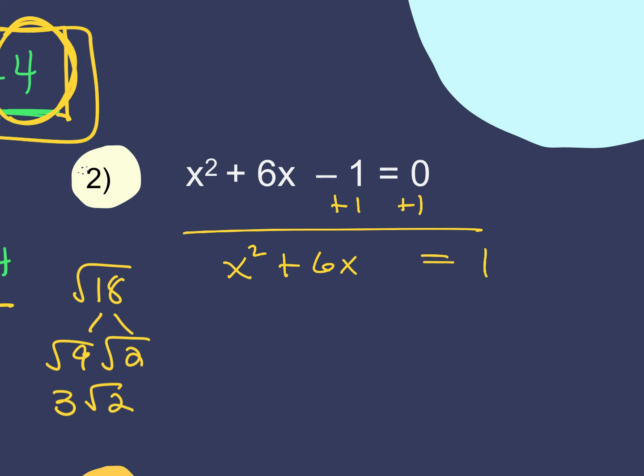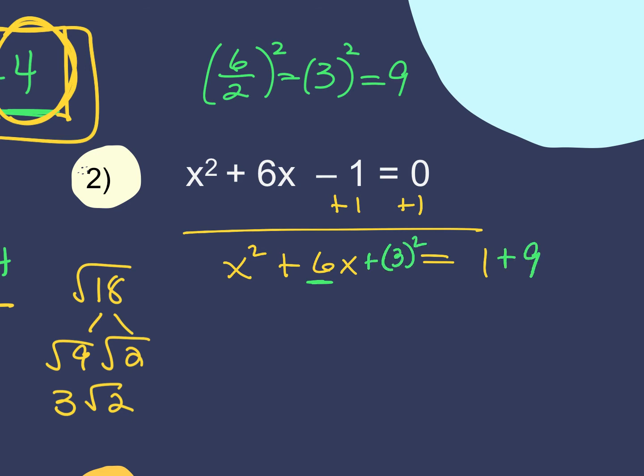I now take this b term, this 6, divide it by 2, and square it. So I get 3 squared, and I get 9. So now, for the left side, I'm going to put it in here as 3 squared. But for the right side, I'm going to put it in as plus 9.